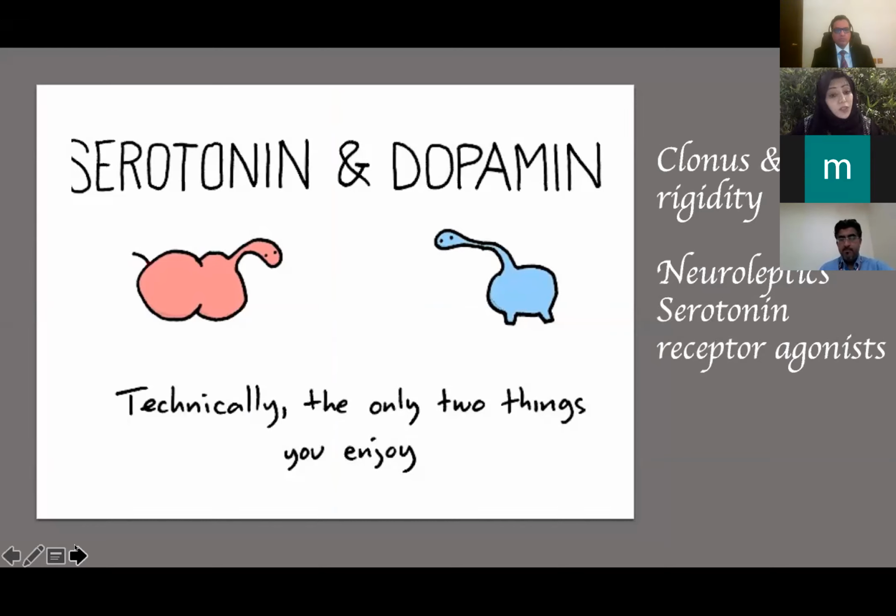You also touch the patient, and if you see a funny rigidity, you see a clonus, and sometimes not only in the muscles, sometimes you see the clonus in the eyes. And that's a buzzword for you here for neuroleptic malignant syndrome and serotonin syndrome, both in the exam and clinically.